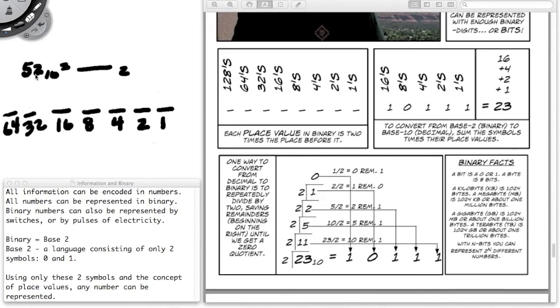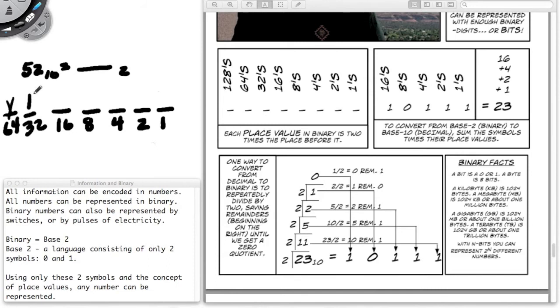So let's just look at what we have. 52 base 10, what is it in base 2? There's no 64s in 52, so we don't have to use that place. There's going to be a 0 there, so we can leave off leading zeros. When we have a number, we're going to write down the place values up to, but not including, the number that's bigger than the number we're trying to convert. So 52.